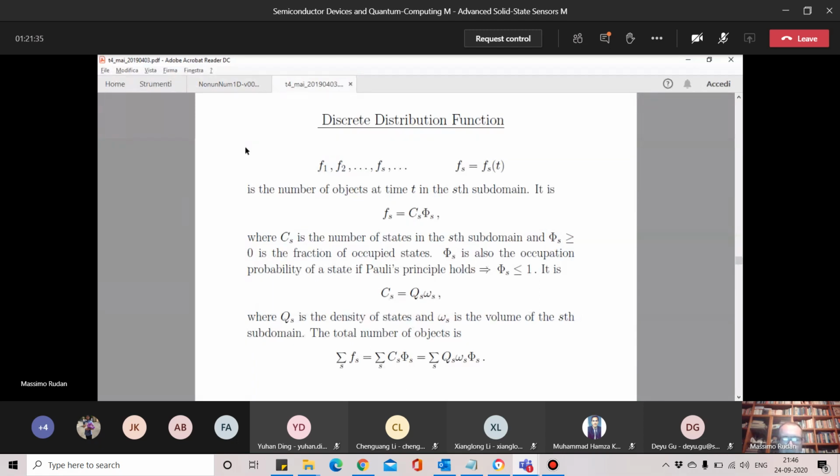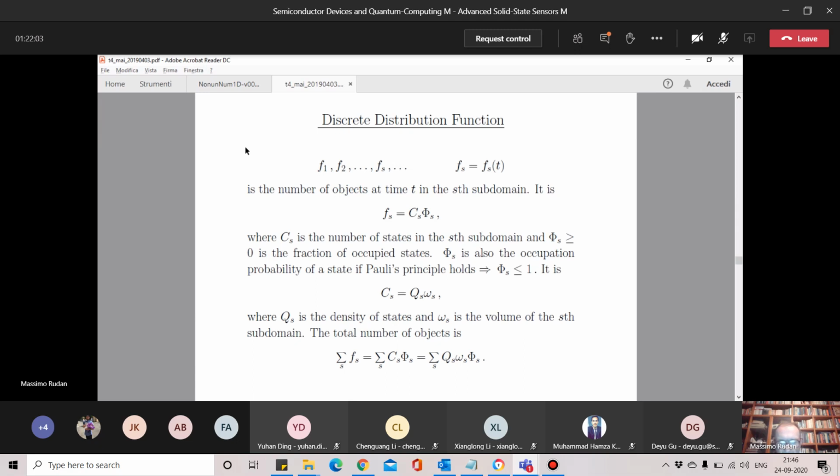The distribution function is a more general concept with respect to the Fermi statistics, because the Fermi statistics applies only in the equilibrium condition, whereas the distribution function applies in any situation.